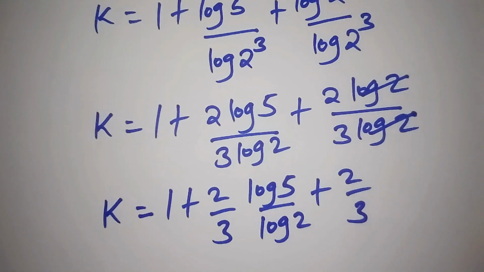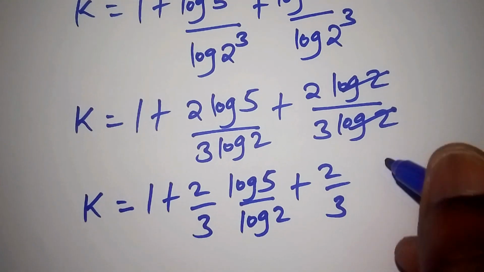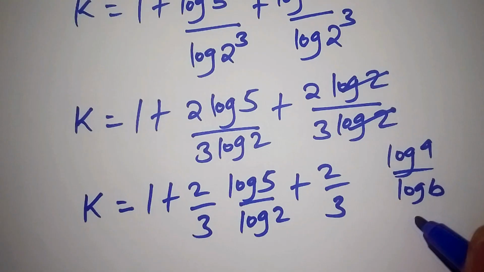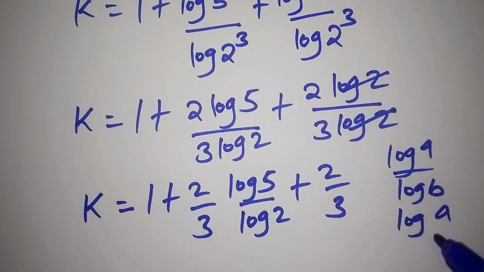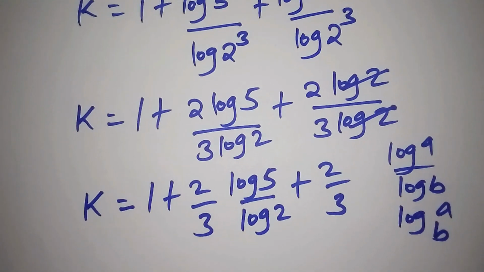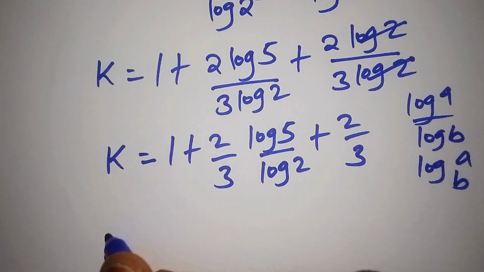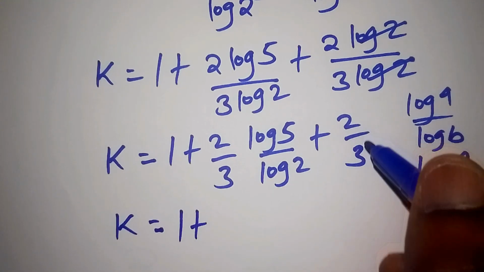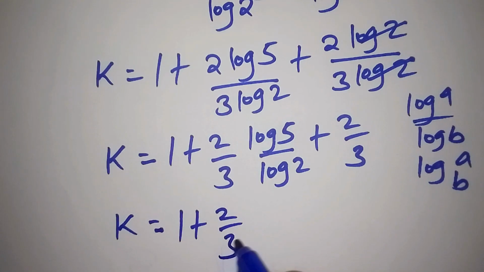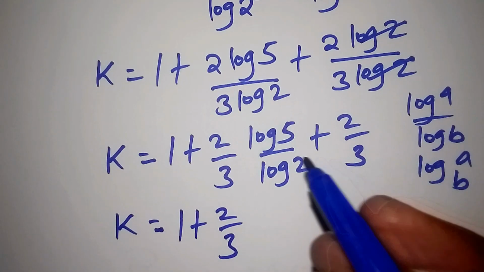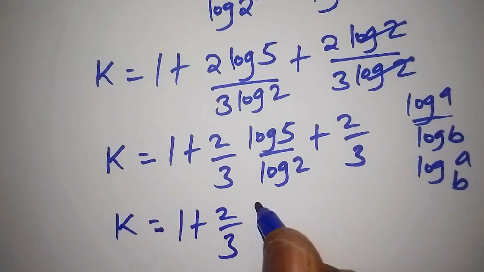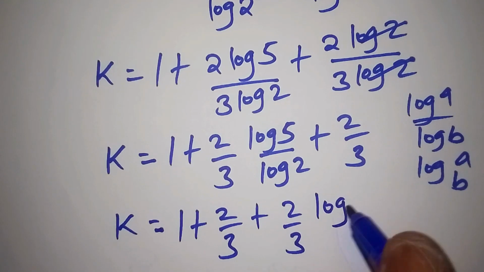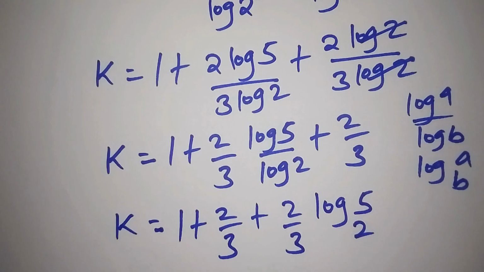When we have, for example, the log of a all over the log of b, this can also be written as the log of a to the base of b. So now k is equal to 1 plus 2 over 3 plus 2 over 3 times the log of 5 to the base of 2. Thereafter, 1 is 3 over 3, so we have 3 over 3 plus 2 over 3, that is 5 over 3. So k is equal to 5 over 3 plus 2 over 3 times the log of 5 to the base of 2.